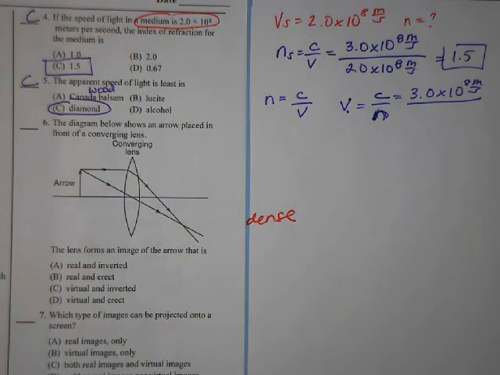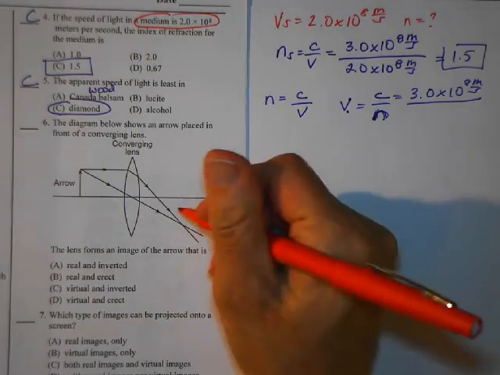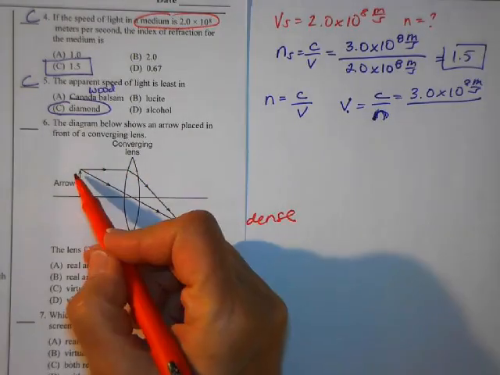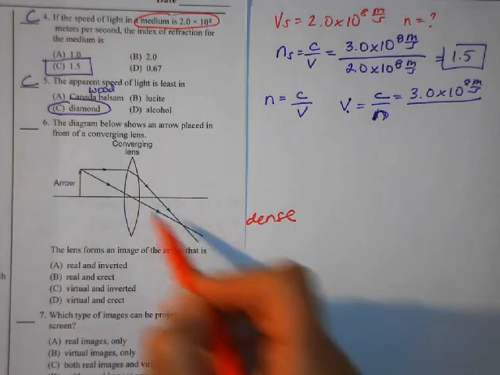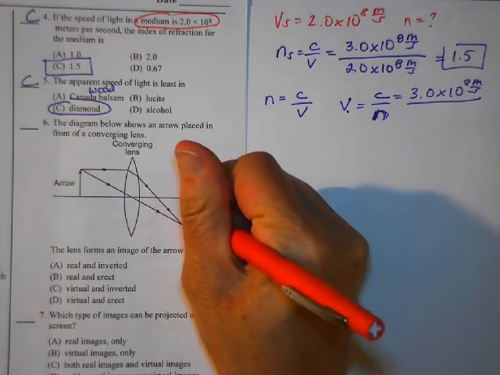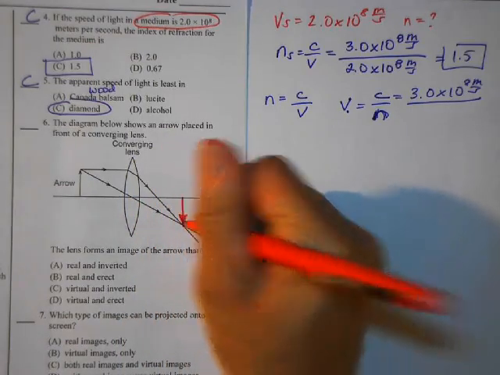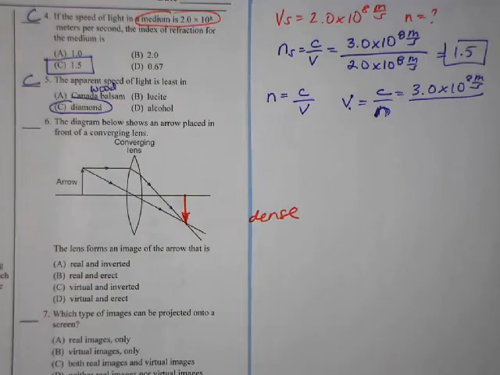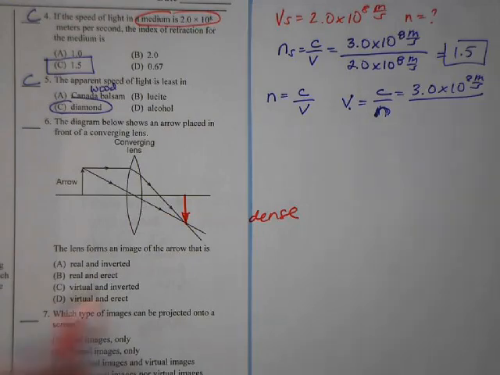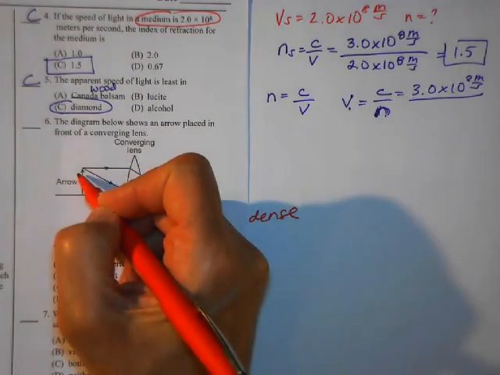Number 6, the diagram below shows an arrow placed in front of a converging lens. The lens forms an image of the arrow that is, well, here I went parallel through F, through the center. I don't even have to draw the lines. There's my image. So now, with my image, I need to say, remember, here is the object.